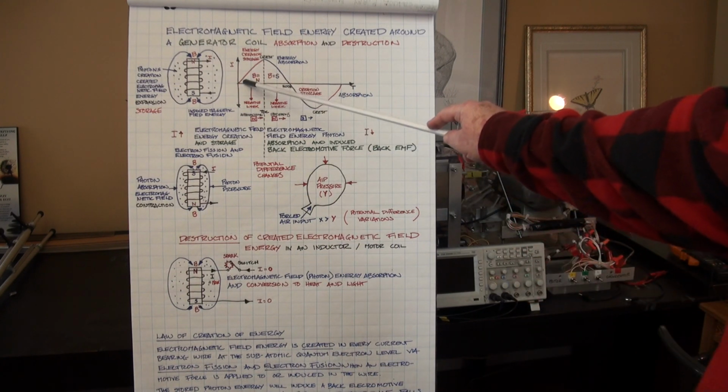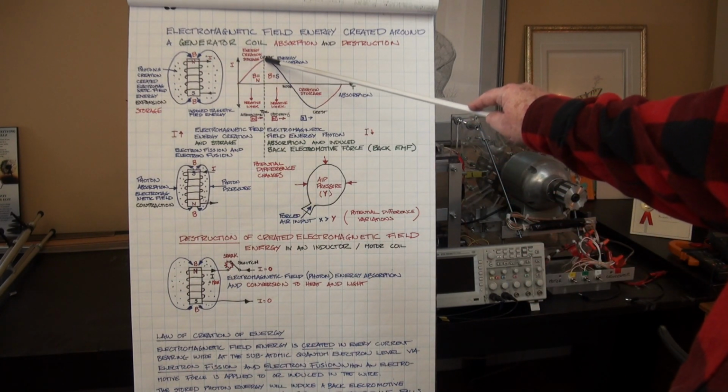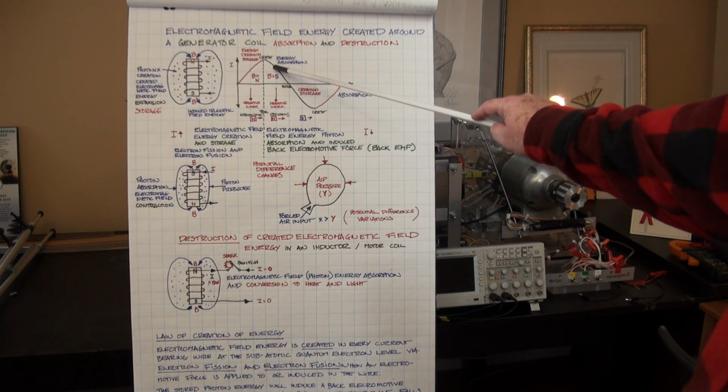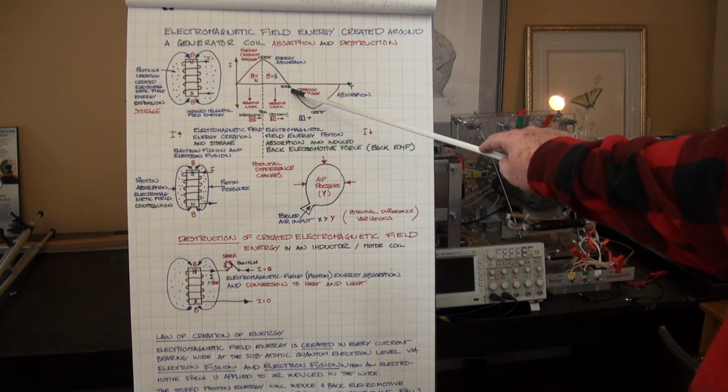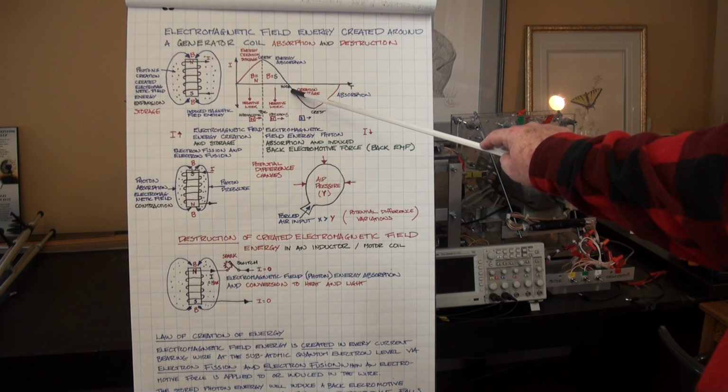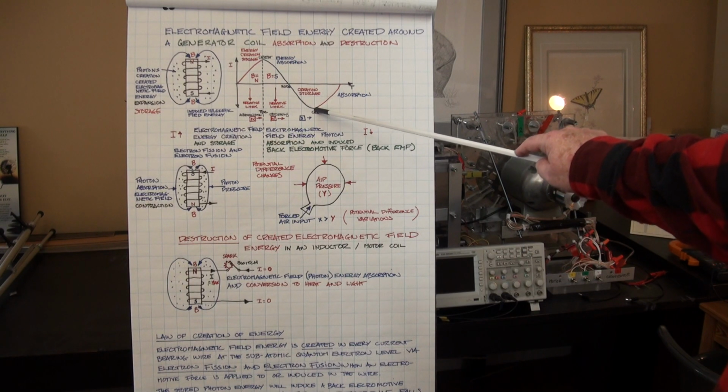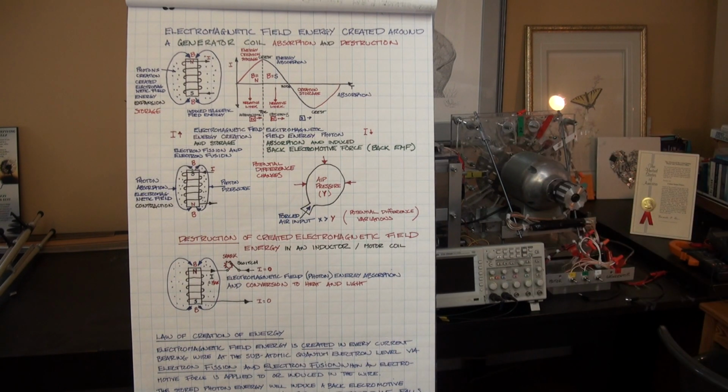So we have energy creation and storage, energy absorption and back EMF creation, and then with the south pole magnet we have energy creation and storage, and then energy absorption and back EMF. So the law of conservation of energy says that energy cannot be created or destroyed. The law of creation of energy says that energy can be created and energy can be destroyed.